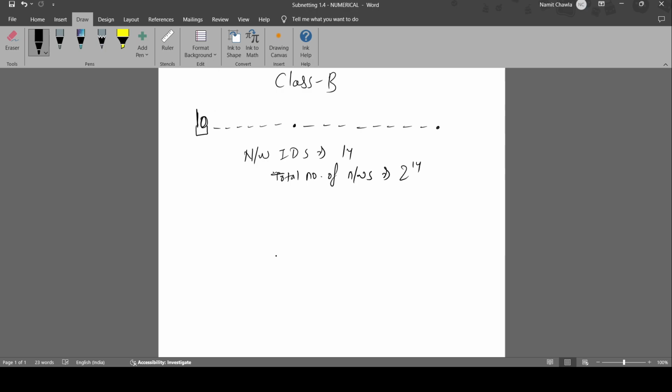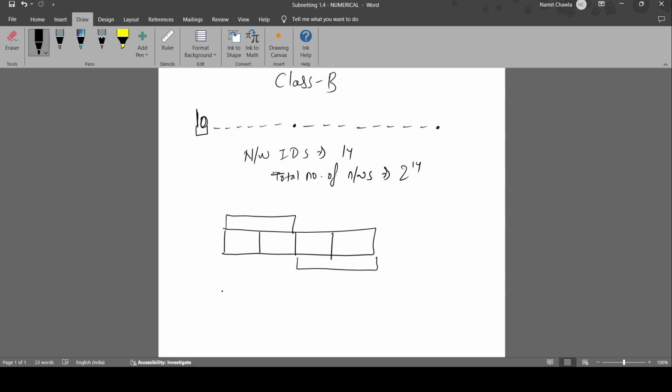So the question is class B. Which means that if there are 4 octets in an IP address, the first 2 octets in class B are reserved for the network part and the other 2 are reserved for the host part.